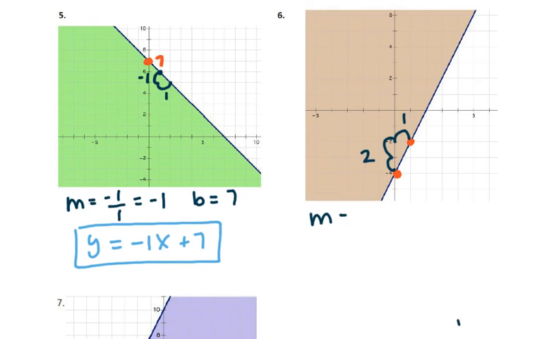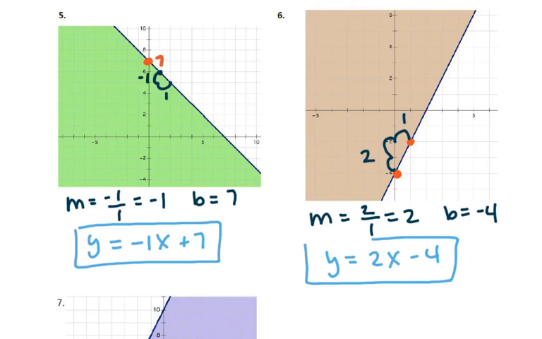So our rise over run is 2 over 1, which just simplifies to 2. And our start number was -4. So then for our equation, we're going to get y equals 2x minus 4.